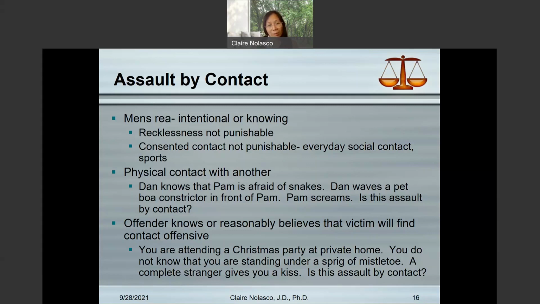Is this assault by contact? Would the offender know or reasonably believe that you, the victim, would find the contact offensive? It would depend on the circumstances, traditions, customs of the place. What usually happens when someone is standing under the mistletoe? What are the expectations? So you have to answer all of these things.